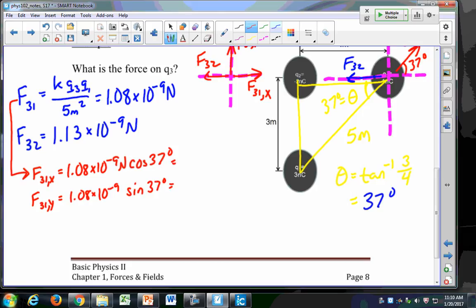Once I get those, I get the values. I can add up the X components. I do the sum of the forces in the X. It is F31X minus F32. That has a value equal to negative 2.67 times 10 to the minus 10 newtons. And then I do the sum of the forces in the Y.